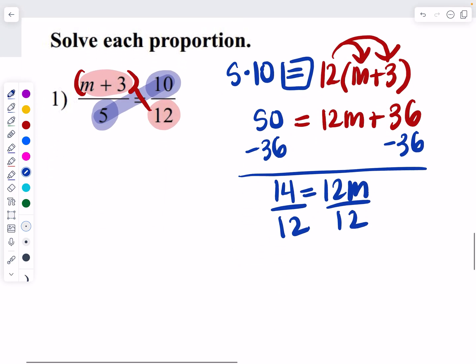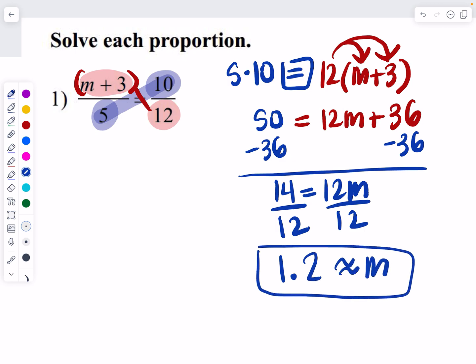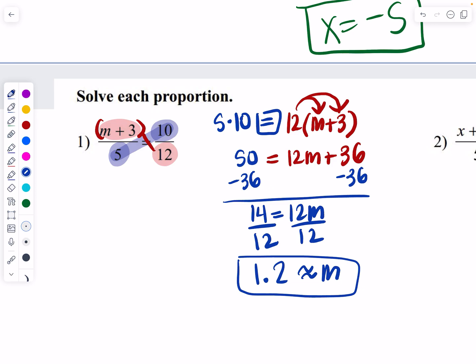Some of our problems today are going to give me a decimal. 14 divided by 12 is going to give me, let's round it to the nearest tenth, about 1.2 is what m is going to be. It's about 1.2, 1.166 repeating, and so we're going to round that to about 1.2. So 12 times m plus 3 is equal to 10 times 5, which is 50.